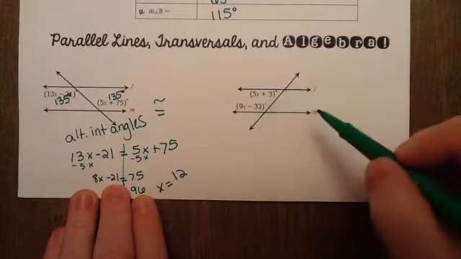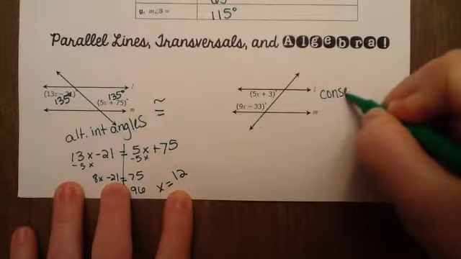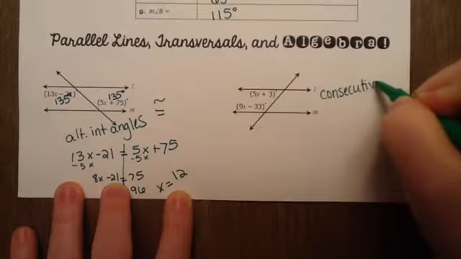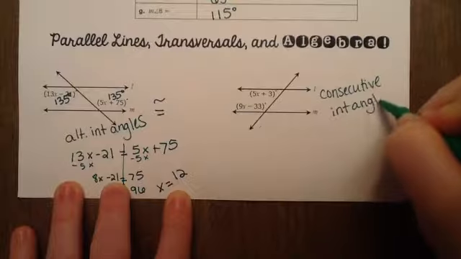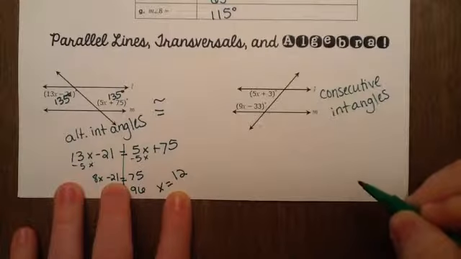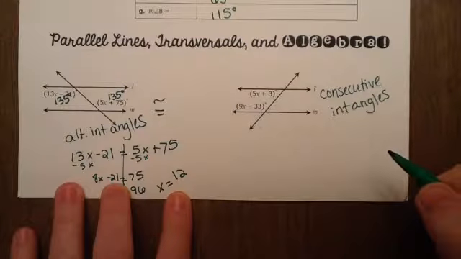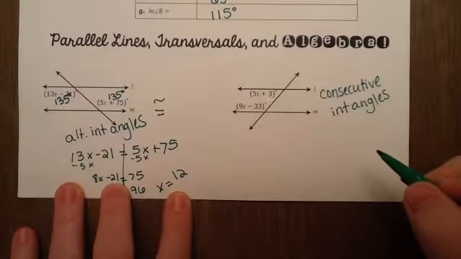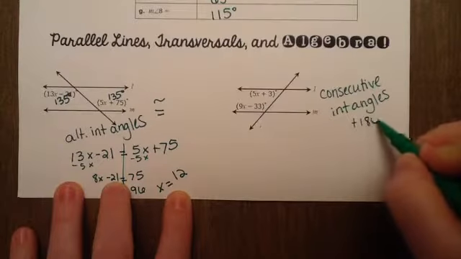Alternating means opposite. These are the same side. So consecutive interior angles. What do you know about consecutive interior angles? They are supplementary or they add to 180.